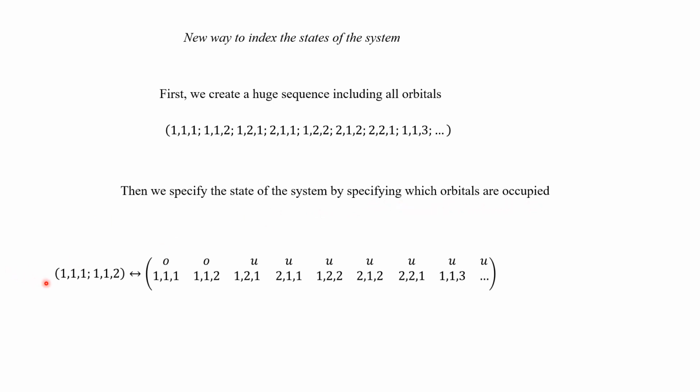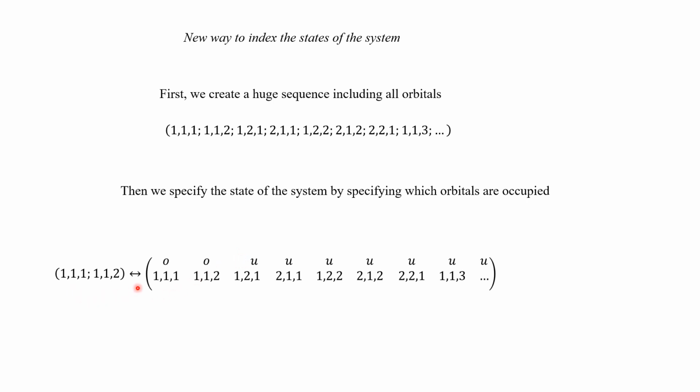For example, suppose we want to specify the state of the system 2 electrons in a box, where one electron is in the orbital 111 and the other is in the orbital 112. We can do that by taking our huge list and placing the letter O for occupied on top of the orbital 111 and on top of the orbital 112. And all the other orbitals get the letter U for unoccupied.